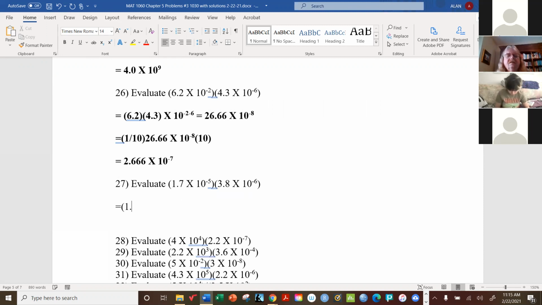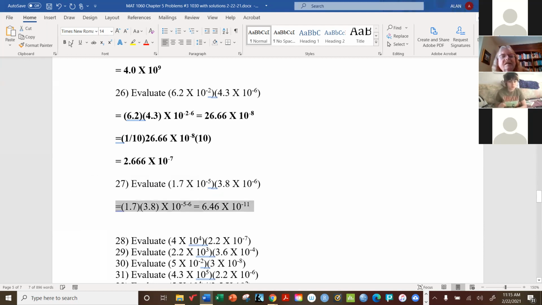1.7, 3.8 times 10, and the exponent now is, wow, look at this. So 1.7 times 3.8 is 6.46, so we don't have to worry about that. And then we have times 10 to the -11. Oops, -11. And that's all we need.